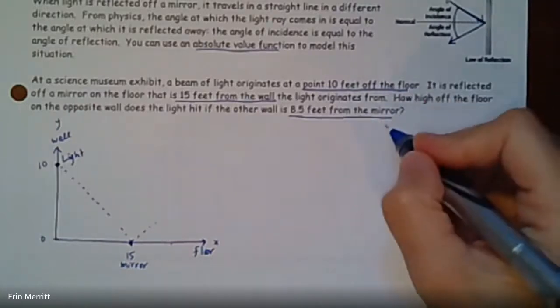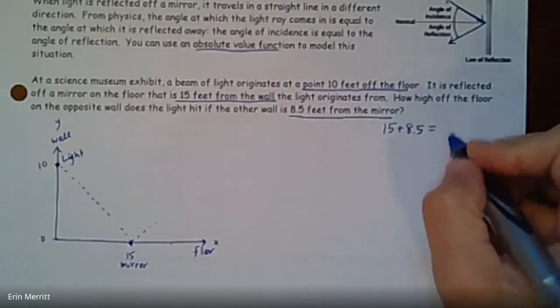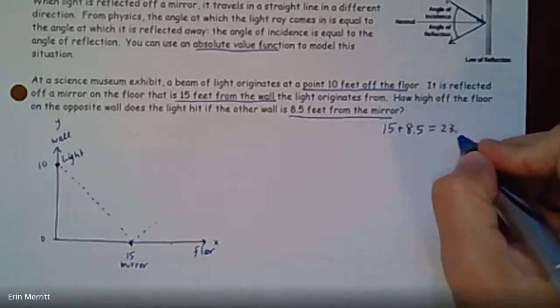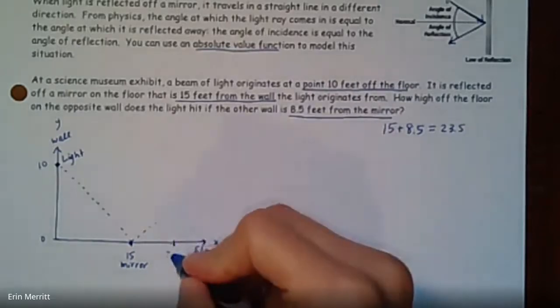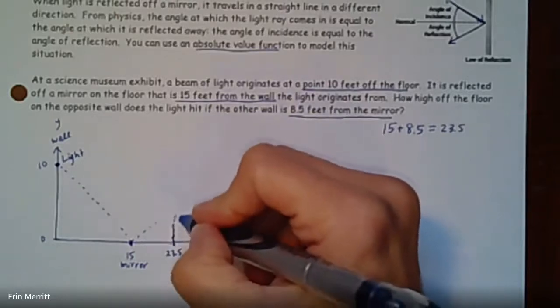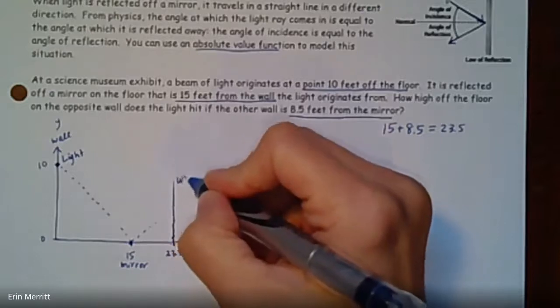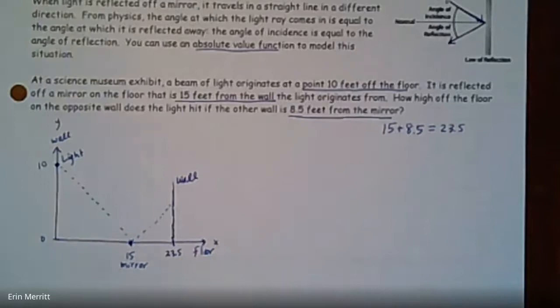So if we go 8.5 feet from 15, 15 plus 8.5 is going to bring us up to 23.5. Keep in mind, my spacing is kind of generic down here, but over here at 23.5, there's going to be the other wall. So maybe it comes up something like this, because it's not quite the same distance away. That is not supposed to be curved. That is supposed to look like two very nice straight lines, so sorry if it looks a touch funky.